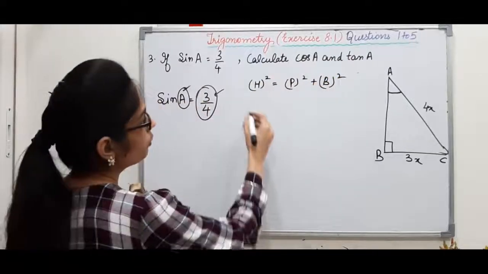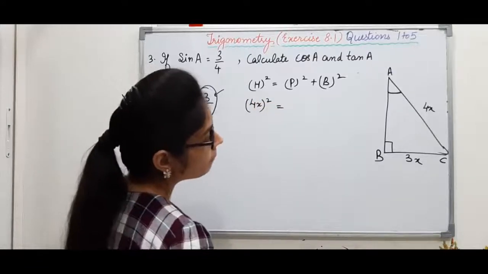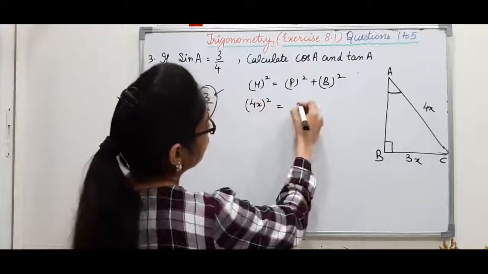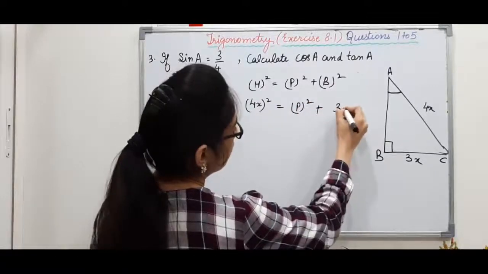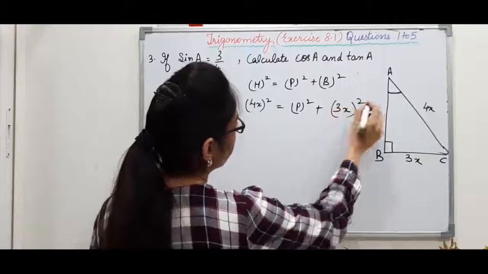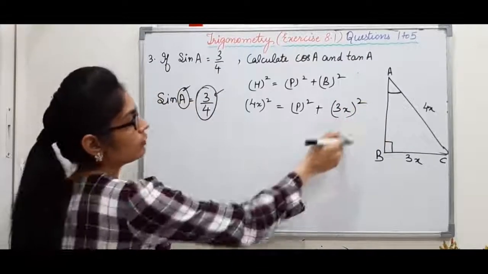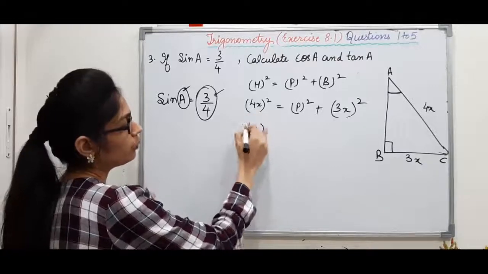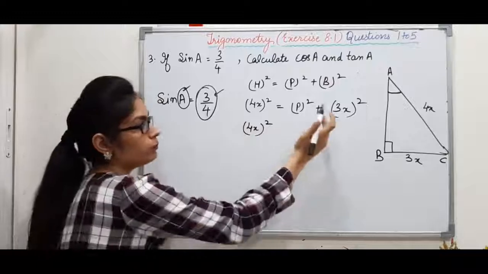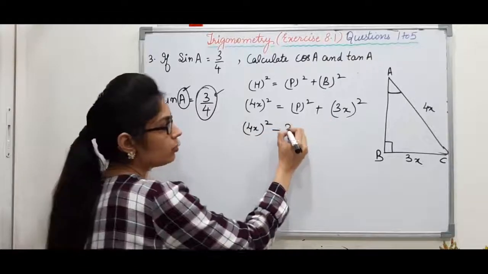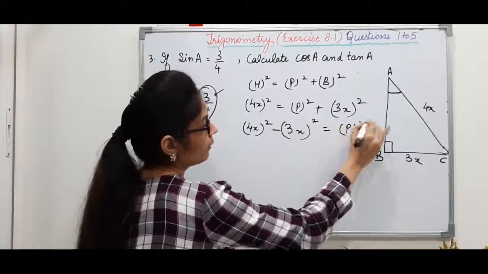So h is given to us, 4x whole square, is equal to p square, which is not given to us, plus base, which is 3x whole square. Now we have to find p, so let's shift 3x to the other side. So 4x whole square minus 3x whole square is equal to p square.